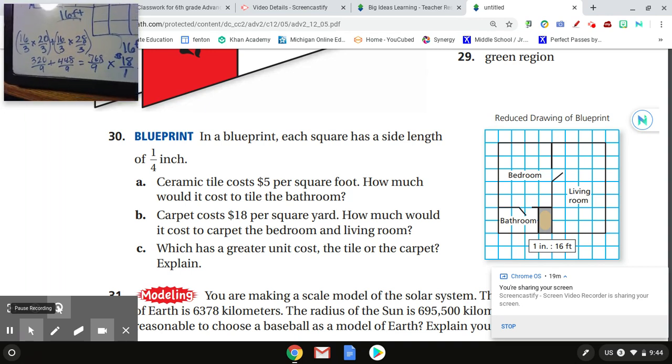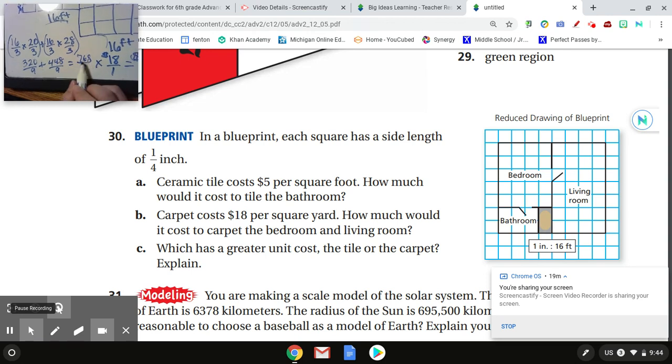Remember, when you multiply fractions, you just multiply the numerators and multiply the denominators. So this is 320 over 9 plus 448 over 9, which equals 768 over 9. I left it in this improper fraction because I know I'm going to have to multiply the total square yards of area by $18, and 9 and 18 simplify.